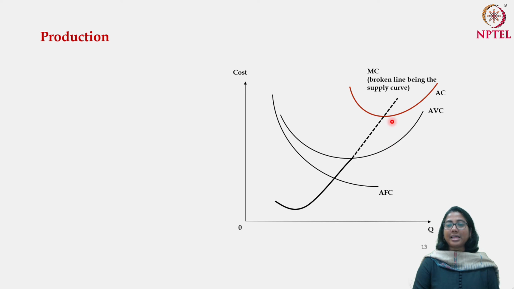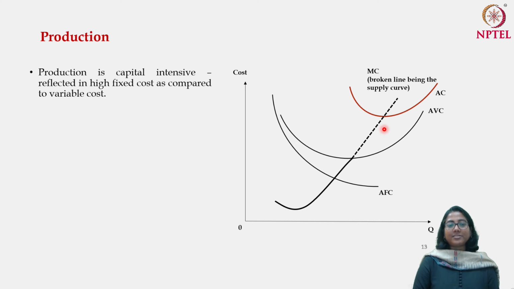And the third here is the average cost, which is an aggregation of average fixed cost and average variable cost. And here we have the marginal cost curve. This is the addition in cost as you increase your production by 1 unit. And we have already discussed that marginal cost is determined only by the variable cost. The fixed cost has no role to play in the context of supply, in a sense.